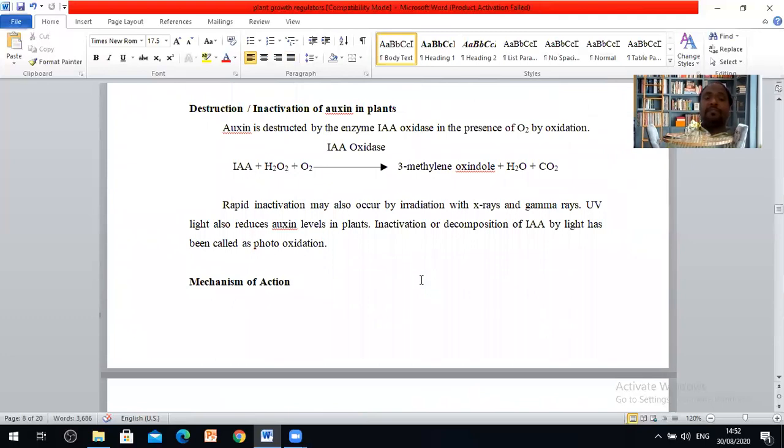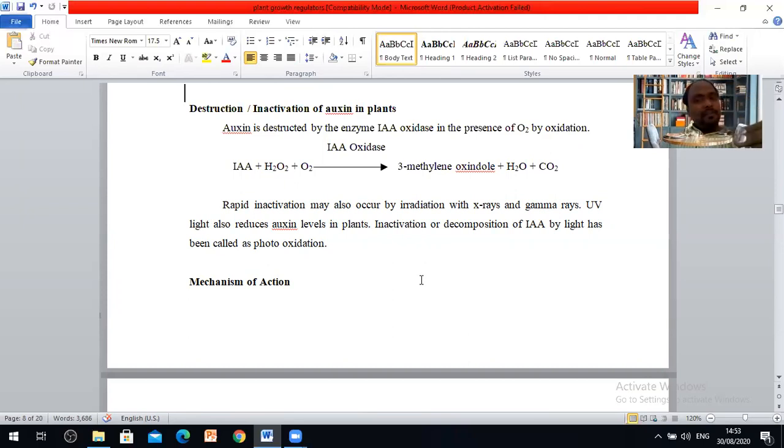Indole acetic acid plus H2O2 plus O2 results in the formation of 3-methyl oxindole plus H2O plus CO2. This is how indole acetic acid is destroyed, isn't it? Destruction or inactivation of indole acetic acid takes place in the plant, and this is also important for controlling the growth of the plant.